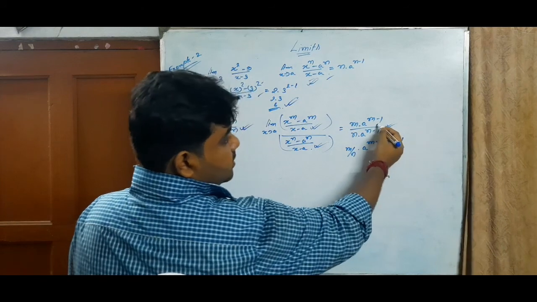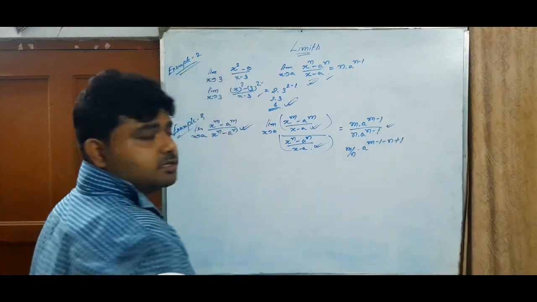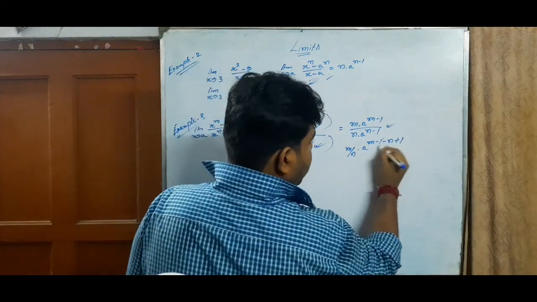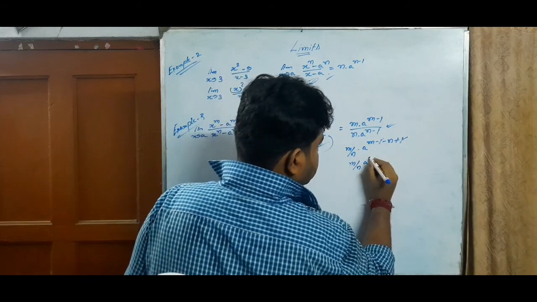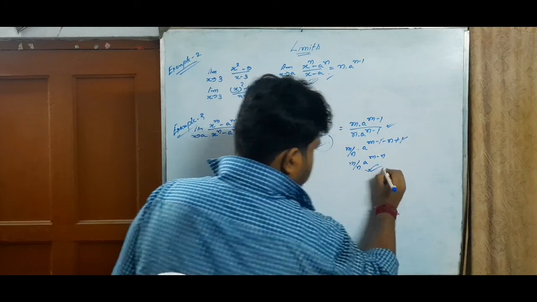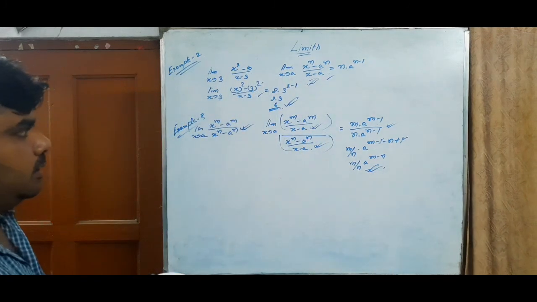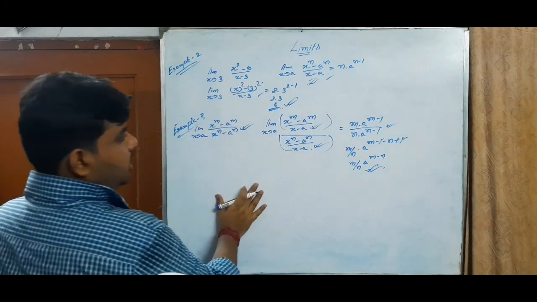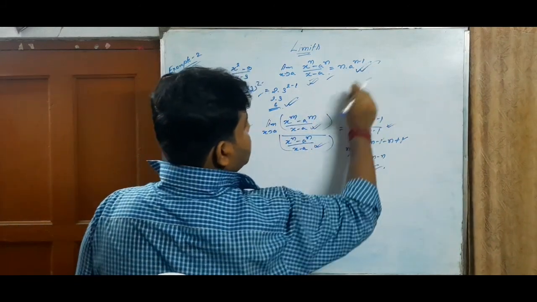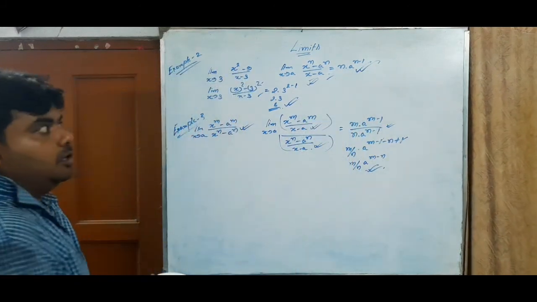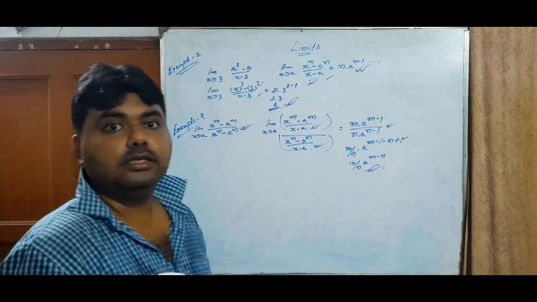Since it is division, the power will get subtracted. Therefore, minus 1 plus 1 will get cancelled out. That is m by n into a to the power m minus n. Okay, so this is the formula, an example of solving limits with this rule or theorem.